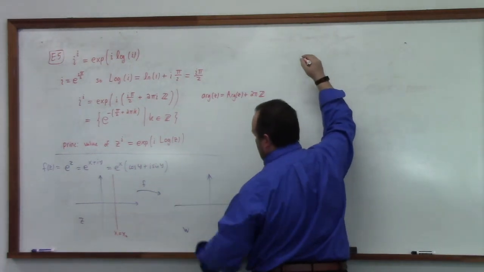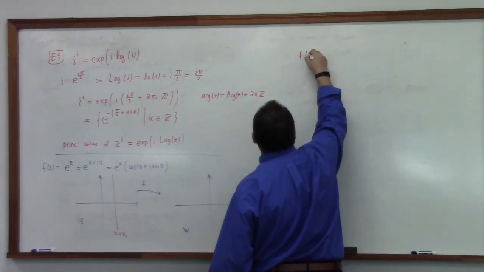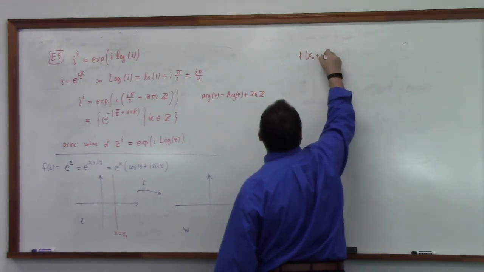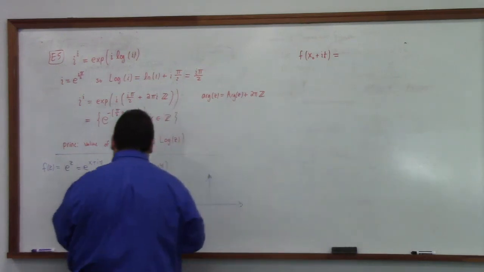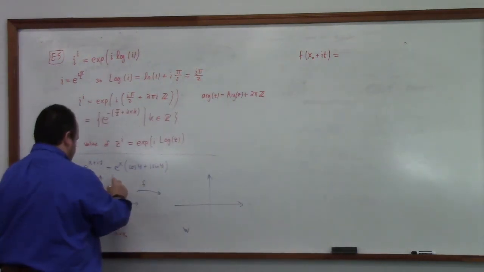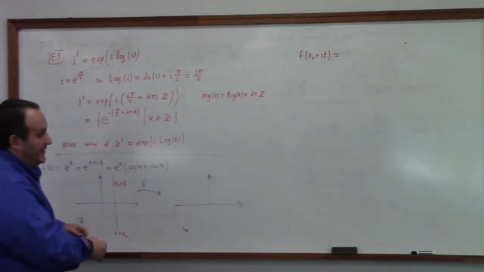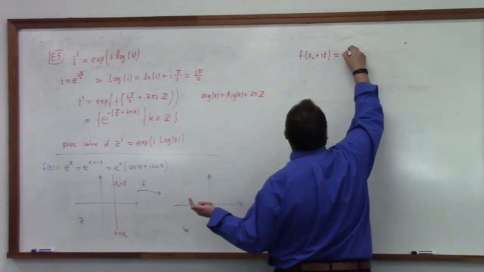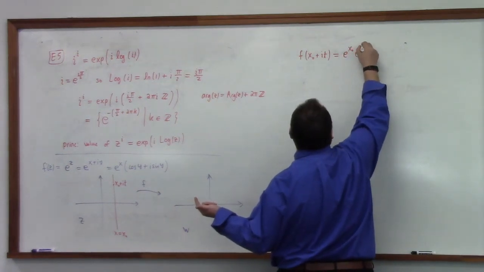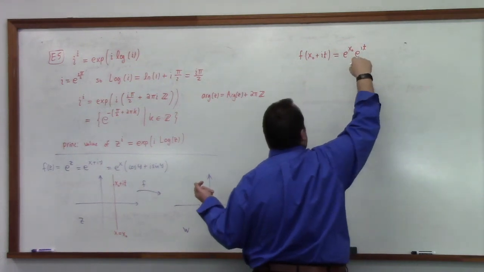So that red line has a parameterization something like x naught plus it, because a typical point on here is x naught plus it, where t is a real number. And what happens when we feed it to the exponential function? We get e to the x naught, e to the it, which of course is cosine t plus i sine t.